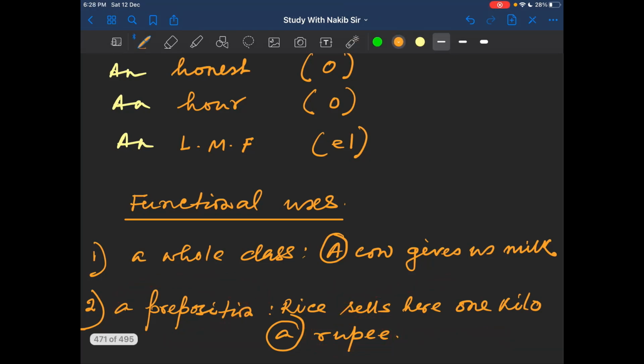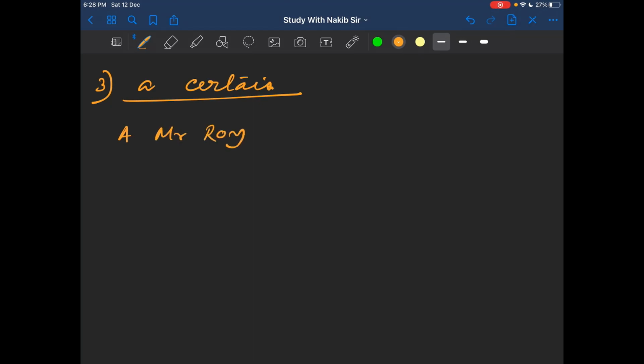And number 3, sometimes functionally an article is used before a noun in the sense of a certain. See the example: a Mr. Roy came here. This is the functional use of the article.